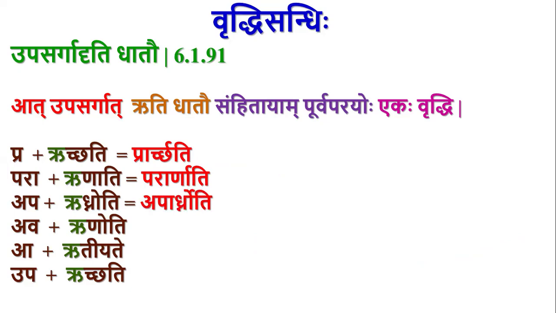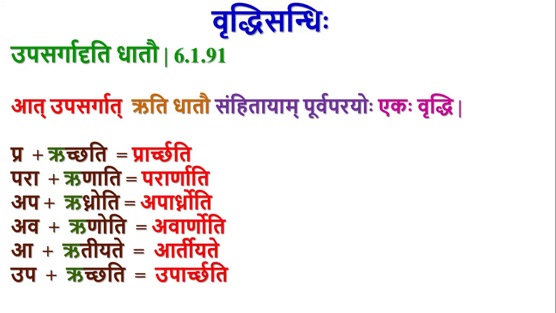Aparnoti, avarnoti. The repha is from this vruddhi adesha by uran raparah. A plus rutiyate, artiyate. Upa plus ruchati, uparchati. This sutra is an exception to ad gunah.